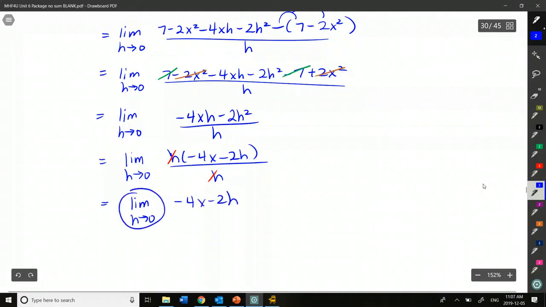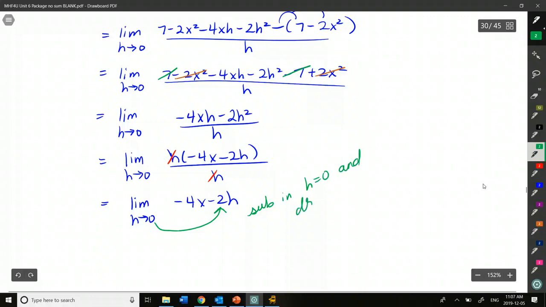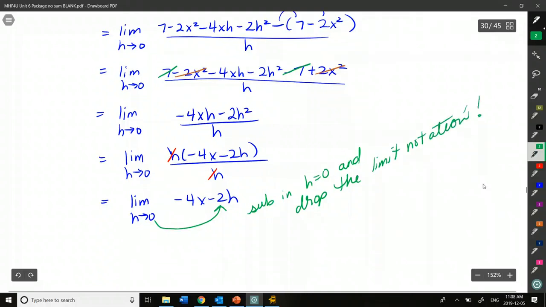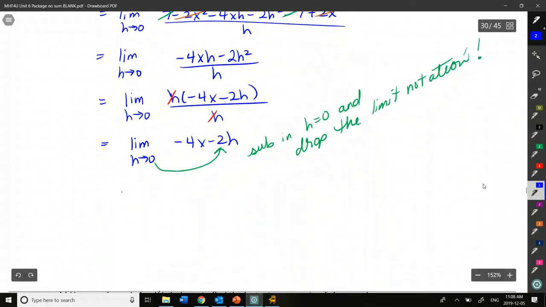And then I'm going to actually evaluate this limit part of the function by subbing in h equals 0. Okay, at this point, we can drop the limit notation. Okay, because now we've taken care of that calculation.